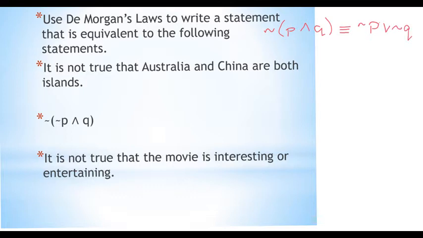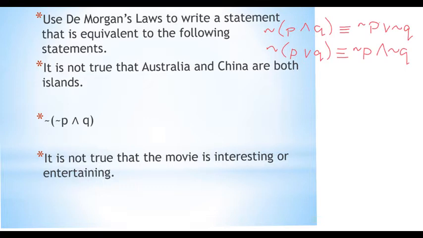And then it is the same if you do the negation of the entire statement of P or Q. That is equivalent to the negation of P and the negation of Q. So it's kind of like you distribute that negation symbol and flip your and or.